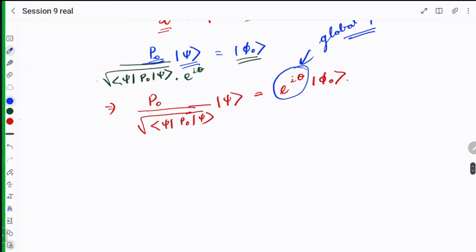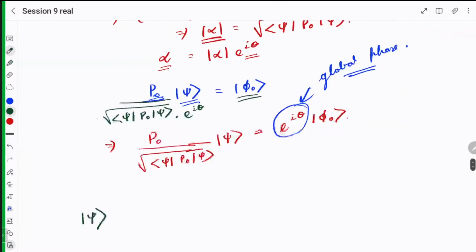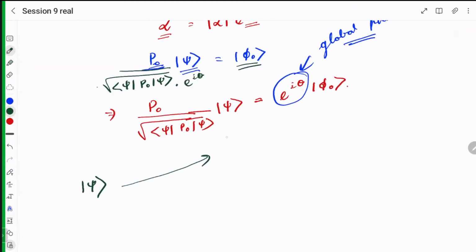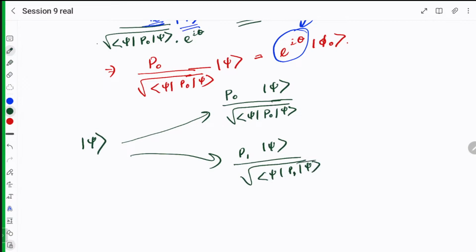Okay, so basically if I have this ket psi, and I do a measurement in the basis of phi naught and phi 1, then I would get either P naught acting on psi, or I would get P1 acting on psi, with the corresponding probabilities, which will again be given by the projections themselves.